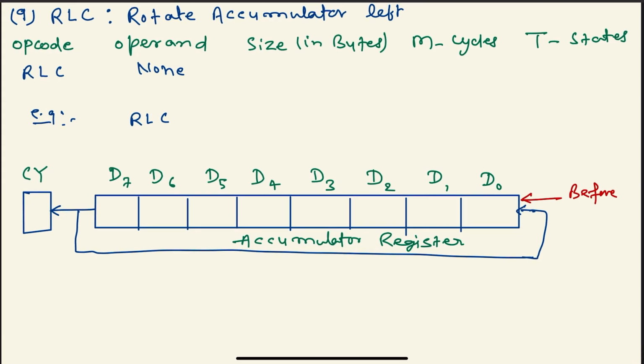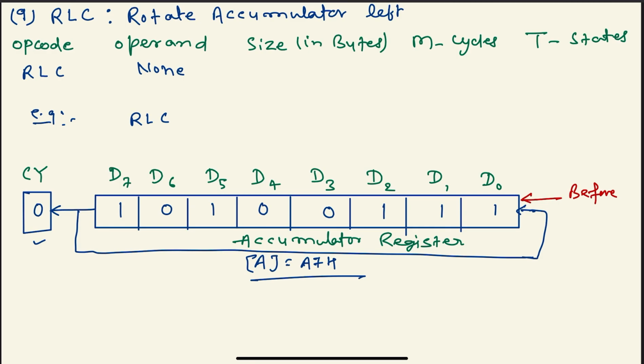Let's assume that initially the carry bit is 0, and D7 is 1, then 0, 1, 0, 0, 1, 1, 1. So this accumulator content, 1010 is 10, which in hex is A, and 0111 is 7. So before execution of RLC, the data of the accumulator is A7H and the carry flag status is 0.